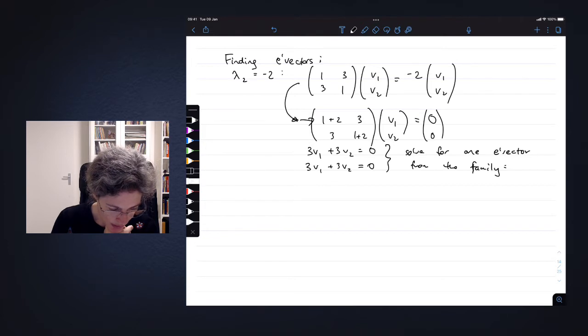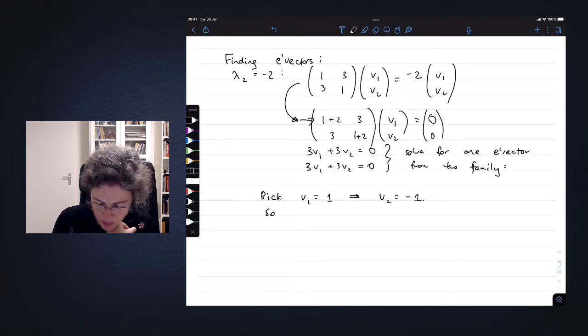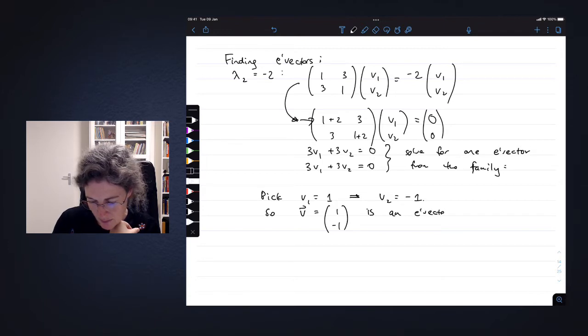So let's pick v1 is equal to 1, plug that in. You get 3 plus 3v2 equals 0, so you must get that v2 is equal to minus 1. So v equal to 1, minus 1 is an eigenvector for lambda 2 equal to minus 2.